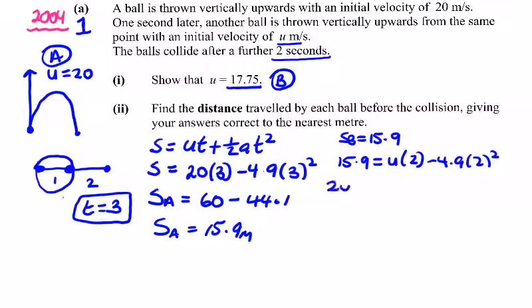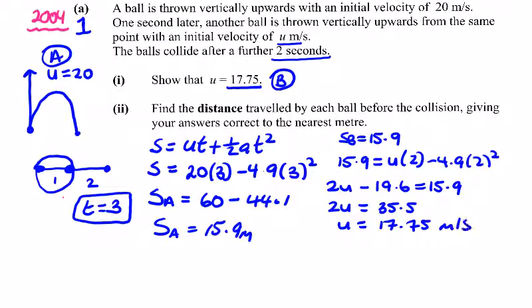So on the right we'll have 2u minus 19.6, so 2u minus 19.6 is equal to 15.9, giving 2u to be 35.5. So u is 17.75 meters per second, as we're asked.